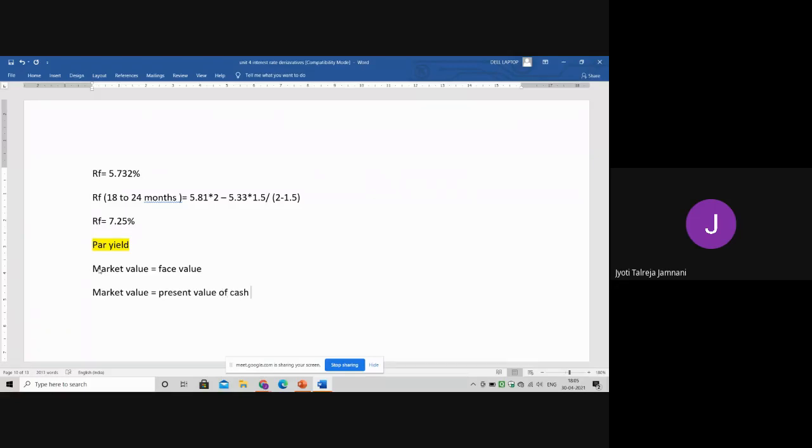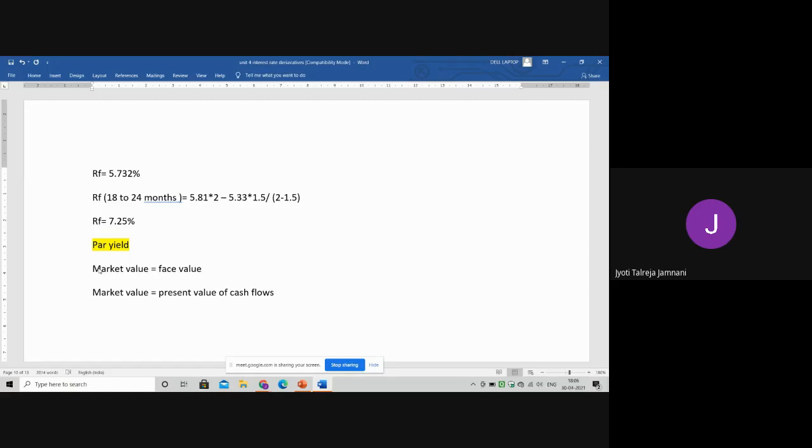So we are going to take the present value of cash flows in place of market value, and equate it with face value, and find that coupon rate which will provide us market value equal to face value. We can do it only if the bond is half yearly and above. We cannot do it for a bond less than 6 months, because the coupon is paid every 6 months.